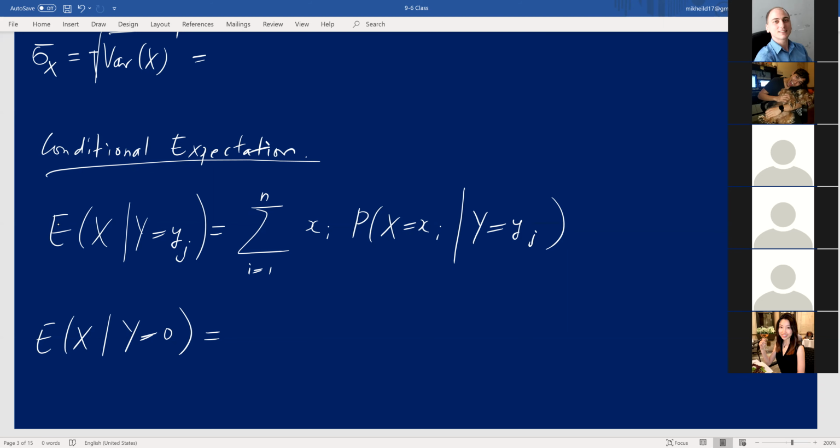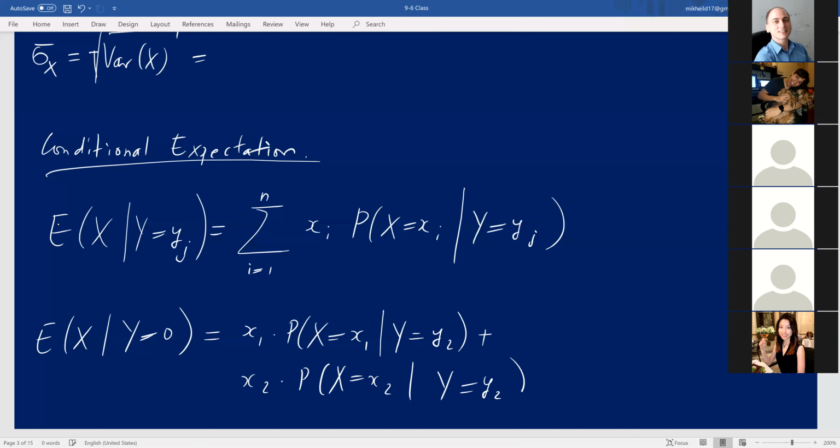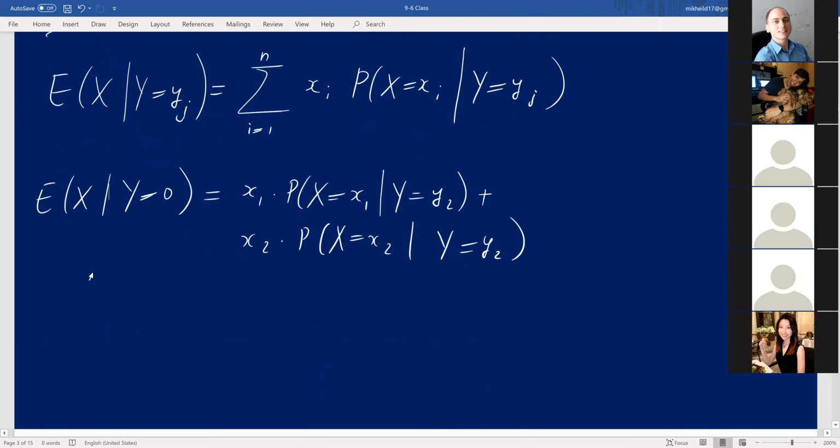And this formula tells me this. So this will be x1 times the probability that x equals x1 conditional that y equals y2, because y2 was failed in finance 3000 before, plus x2 times the probability that x equals x2 conditional that y equals y2, and y2, as you know, means fail in finance 3000.